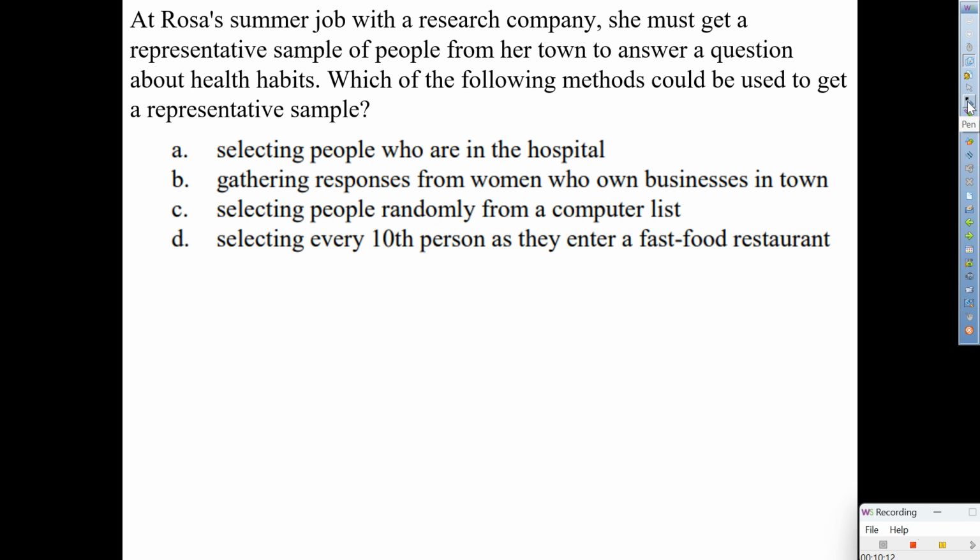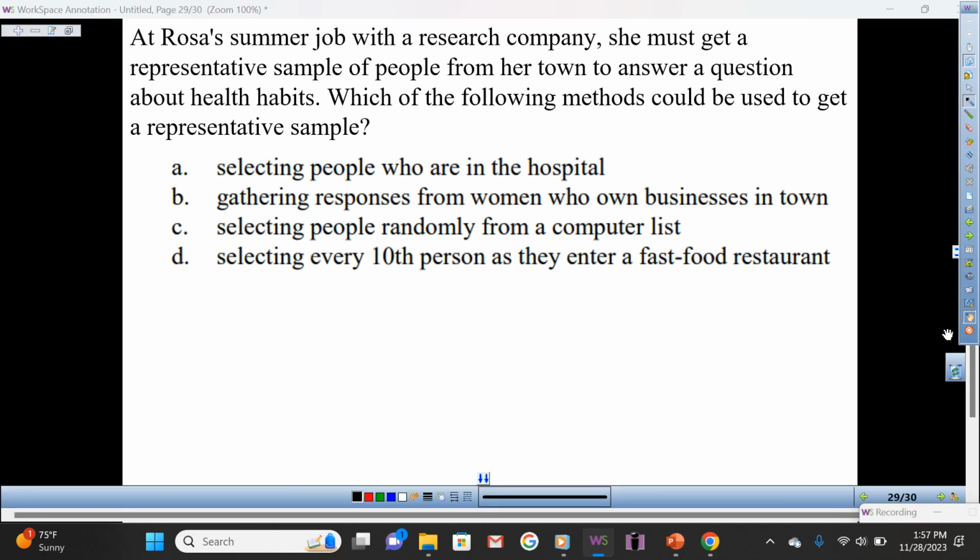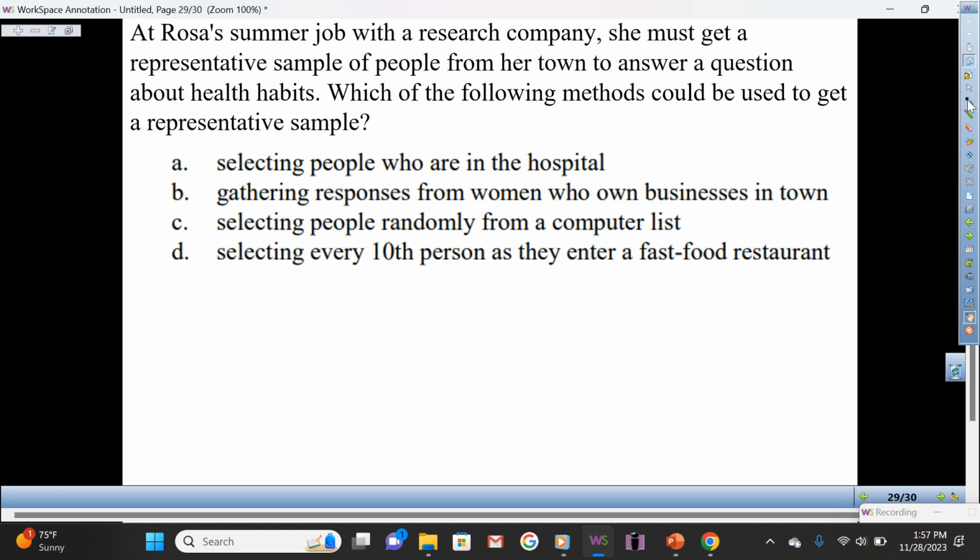Acosta, what do you think? Which one would you or your partner that you talk to say you selected? A, B, C, or D?